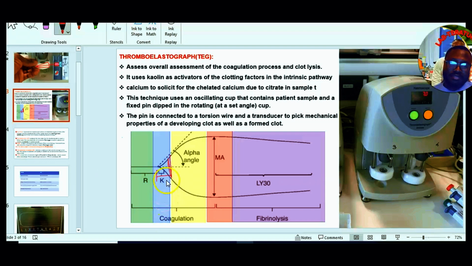So where they have indicated the K time means that your 20 millimeter clot was formed at this point. And that time between the end of the R time to that point is what we call the kinetic time.